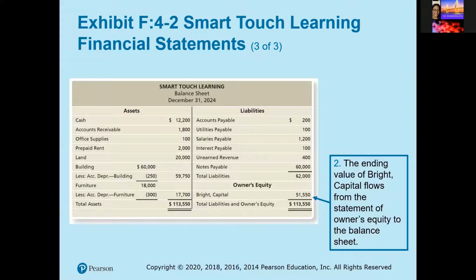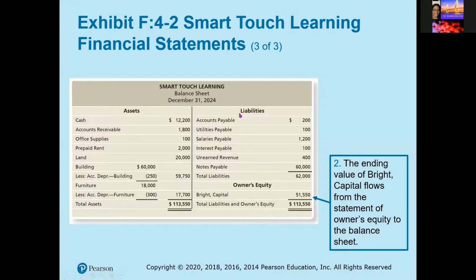And here is an example of the balance sheet for Smart Touch Learning. So the ending value of Bright Capital from the statement of owner's equity is reported on the balance sheet. Smart Touch Learning's balance sheet lists the assets on the left side and the liabilities and the owner's equity on the right side.